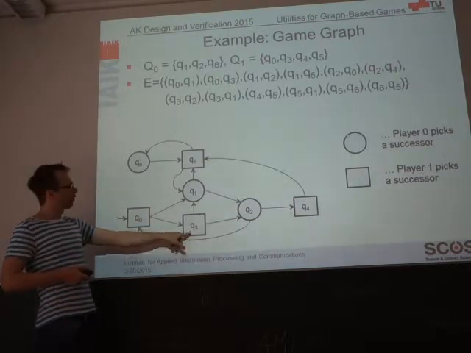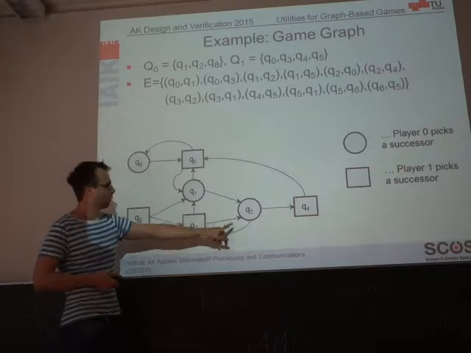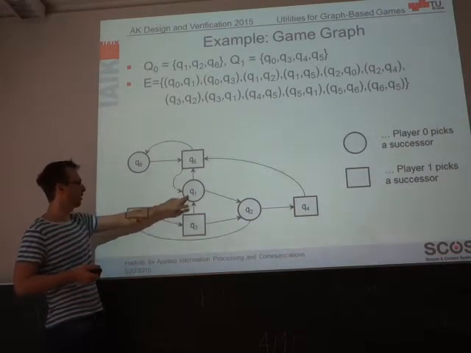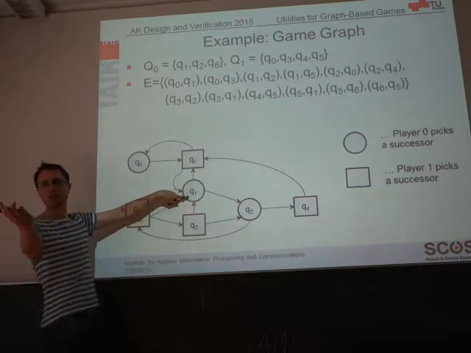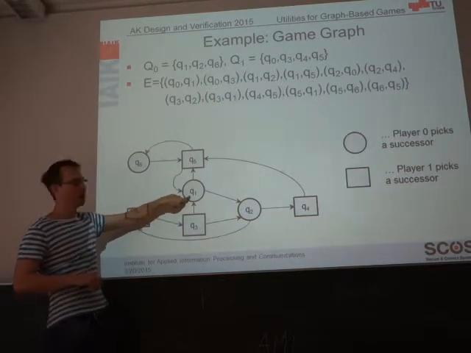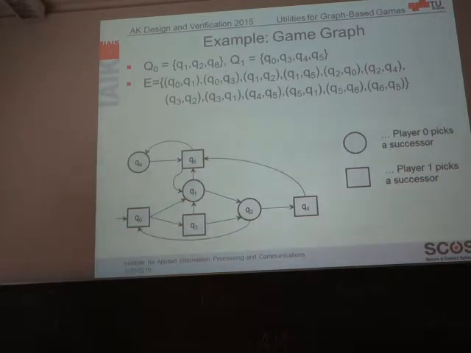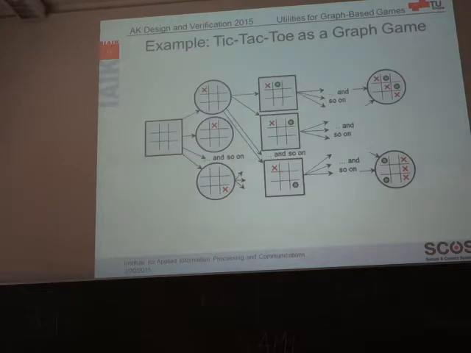When I'm in Q3, I can decide between 1 and 2. In both cases, you will have to pick a successor. So let's say I decide that we go here. Now it's your turn to pick a successor, which can either be Q5 or Q2. And this is repeated basically in an infinite execution. So this is how these games on graphs basically look and work.